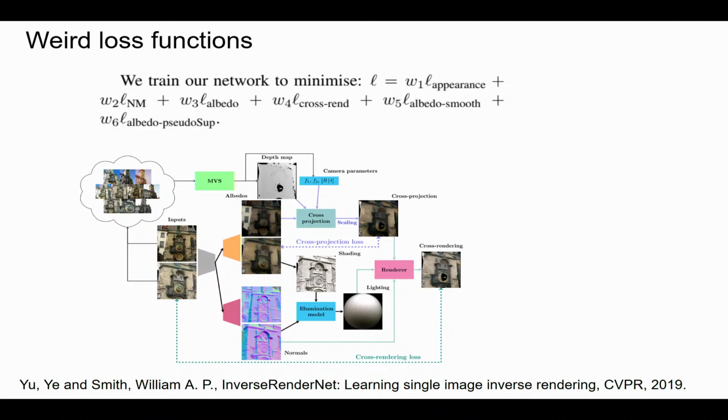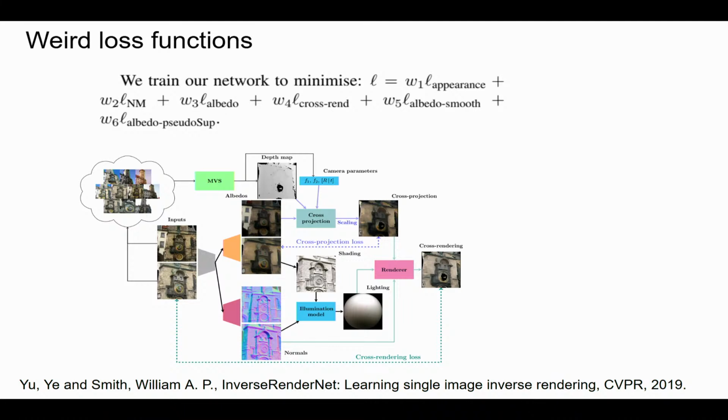What I have here is an example of a network which is trained so that if I give it a single image, it can sort of decompose that image. And we call those decompositions intrinsic images.